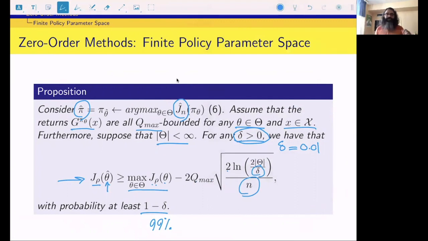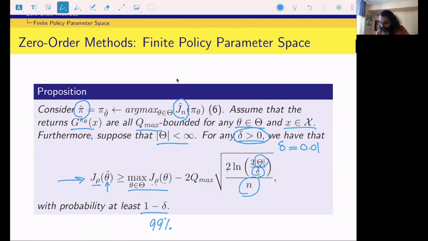So if delta is smaller, that would be larger, which basically means that if we want to be more confident about it, we need to have the potential of a larger gap, to have higher confidence.